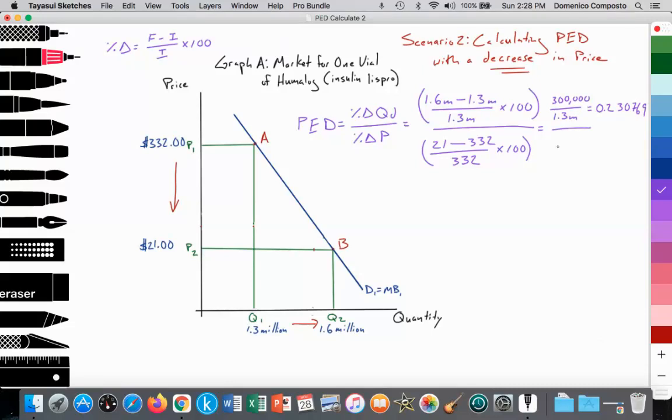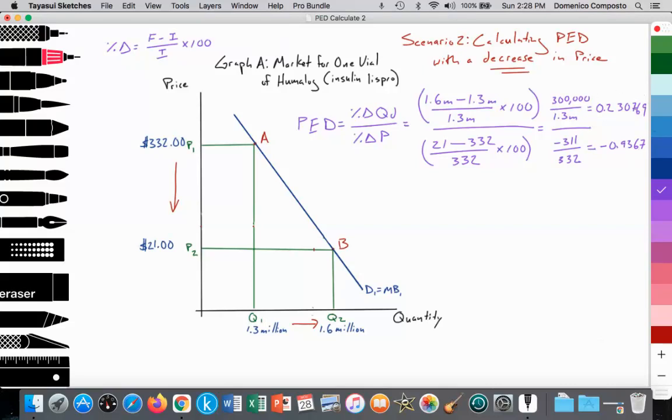And that's going to all be divided by negative 311, 21 minus 332, divided by 332. And that's going to work out to negative 0.9367, if I'm squeezing that in.